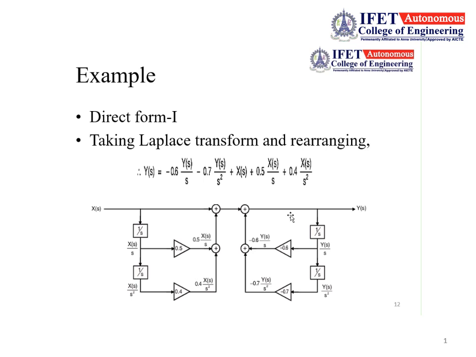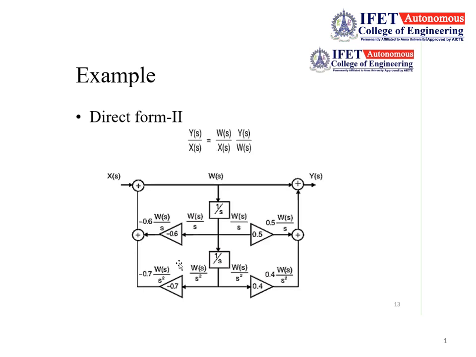Similarly, you can directly convert this direct form 1 into the direct form 2 structure by combining the integrators together and redrawing this circuit. You will get a direct form 2 block diagram like this. Or we can subdivide y of s by x of s into two portions, w of s by x of s into y of s by w of s.